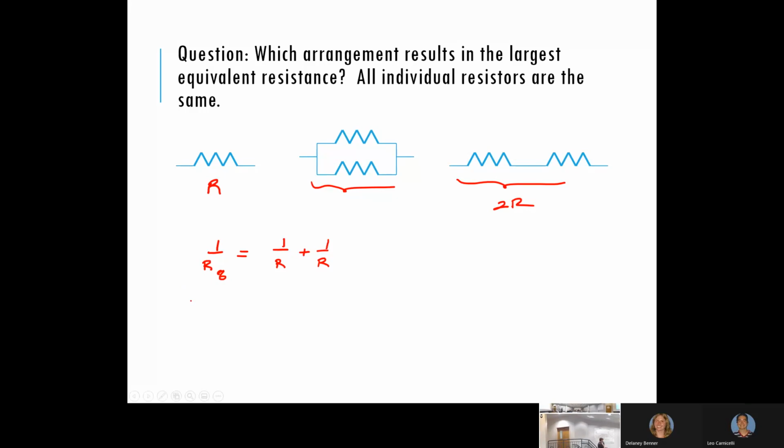Now, be careful. Right now, I said all the resistors are the same. Please be careful if they're different. I know I'm not talking to you, I'm talking to your friend that's not here right now, the friends that will take physics later.